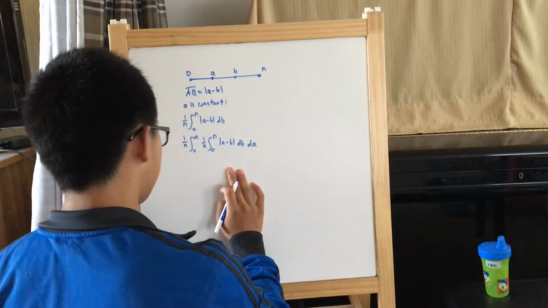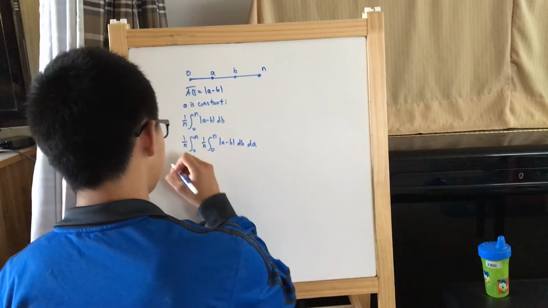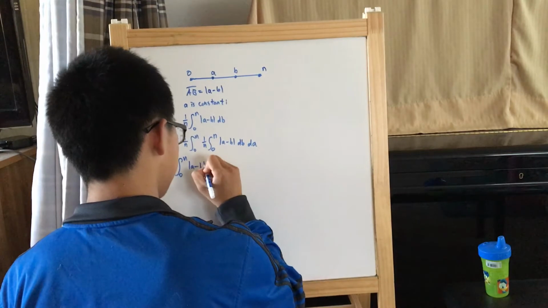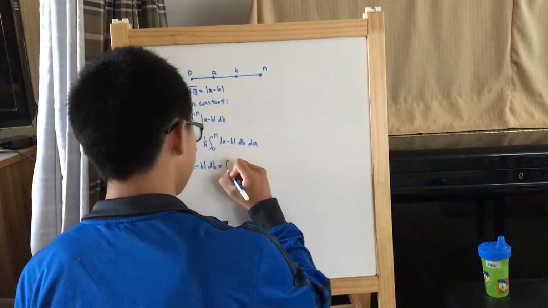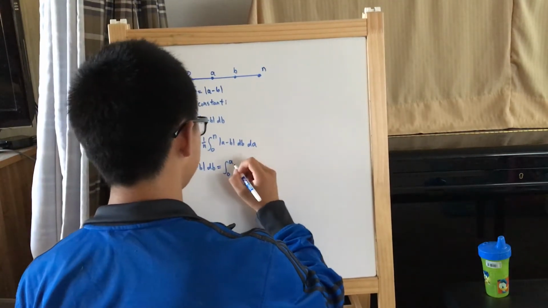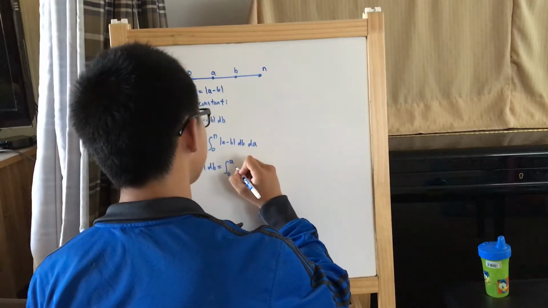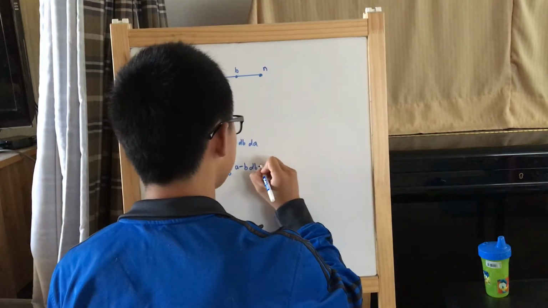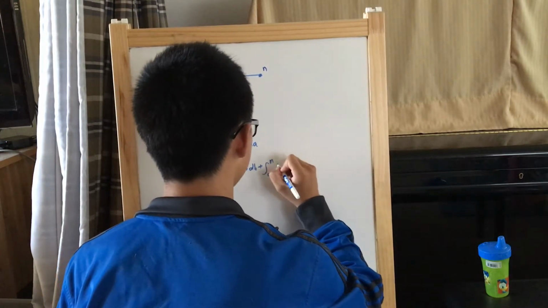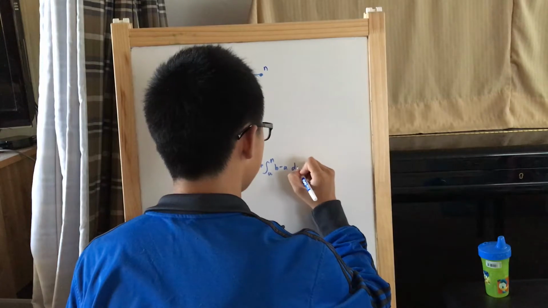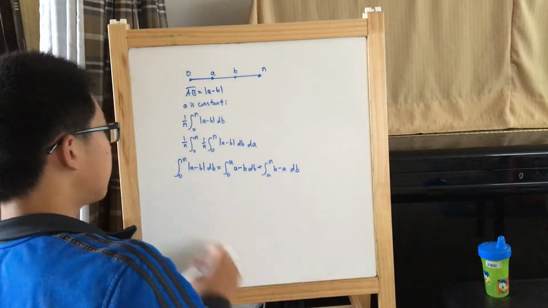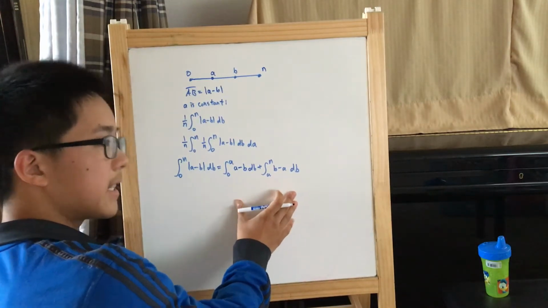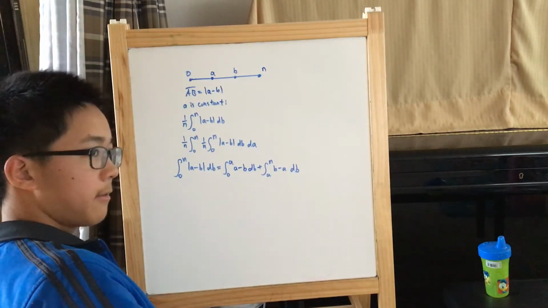But you can get rid of that absolute value by simply noting that integral 0 to n absolute A minus B dB equals integral 0 to A of A minus B dB plus integral A to n of B minus A dB. This expression can be rewritten as these two integrals because of the definition of the absolute value.